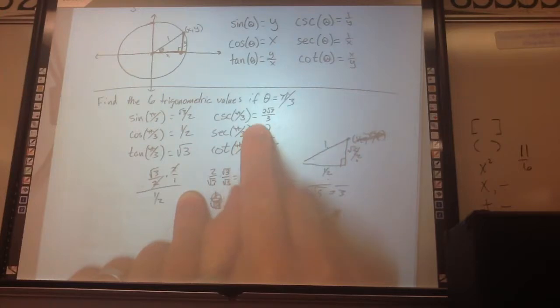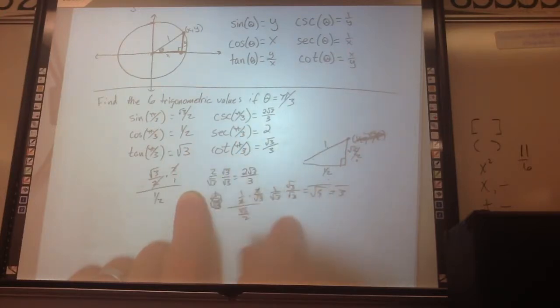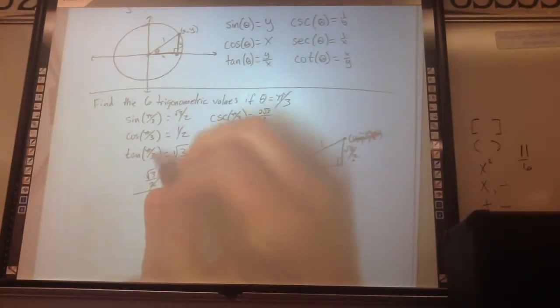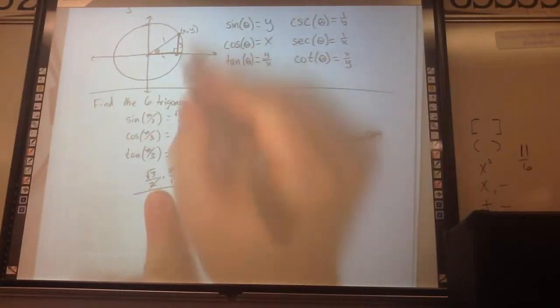Same thing here, this would be 1 over the square root of 3, but we can't have square root on the bottom, so we multiply by root 3 over 3. Oh, okay. That other stuff confused me. That was for tangent. Tangent is opposite over adjacent, right?